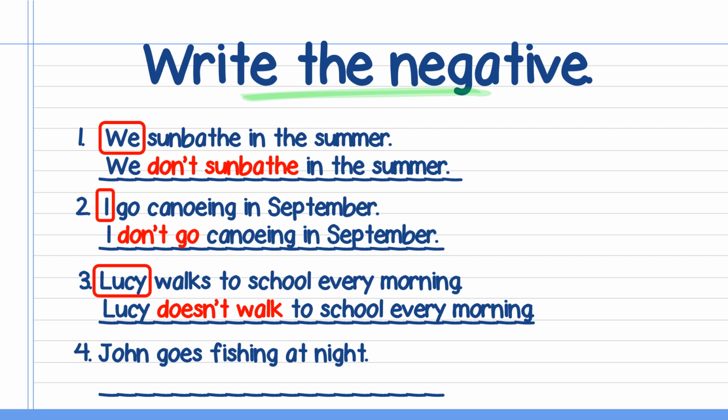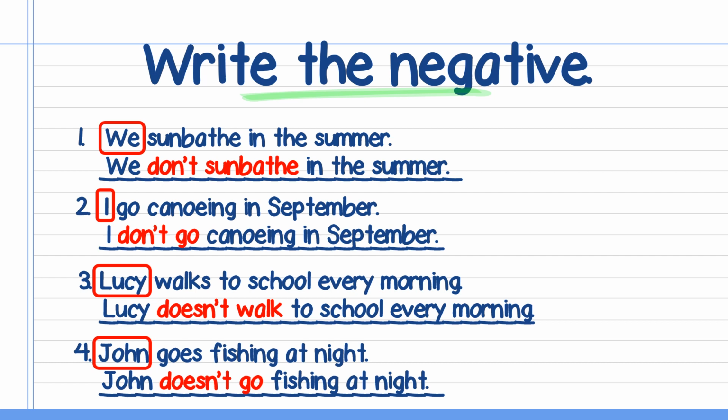Number 4, John goes fishing at night. The keyword here is John. John is the singular subject. So the answer is John doesn't go fishing at night. Okay, there's a word doesn't, so it means that this is the negative form of the third person singular.